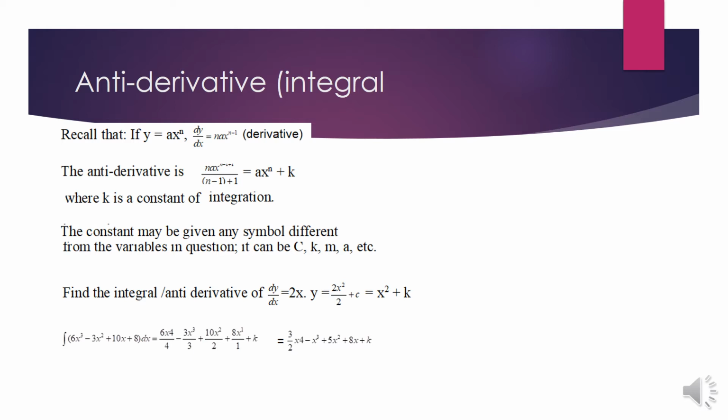So the first term is 6x cubed, so now it becomes 6x to power 4 divided by 4, then minus the second term, which is 3x squared.